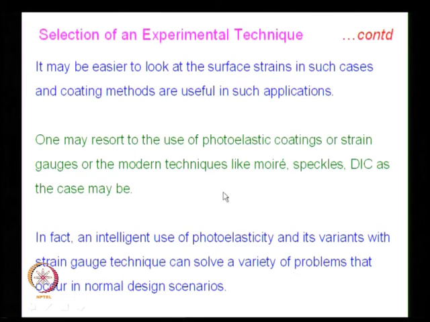And that is the reason why in this course we would focus more on photoelasticity and strain gauges, because it is a general purpose technique, and the overview looked at a variety of techniques.